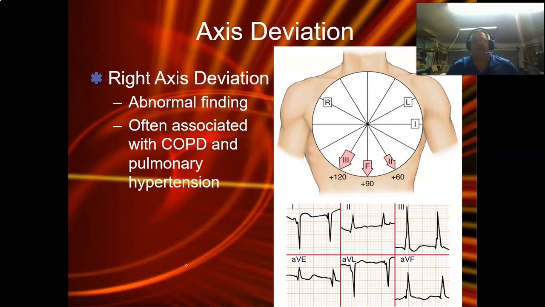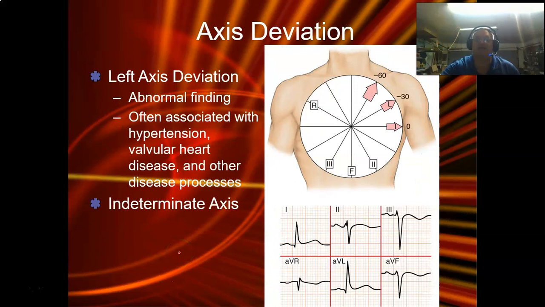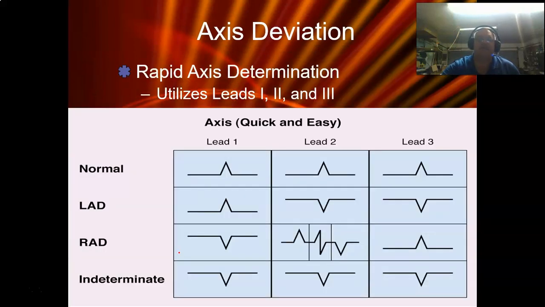Let me be polite. Unless you're like a super geek, I don't want you to learn that. But I do want you to know what left and right axis deviations are, okay? But this chart can easily help you, and you're going to hear me refer to this a lot when we start talking about 12 leads and we're ruling out whether or not it's ventricular tachycardia. Normal, by the way, up, up, up.